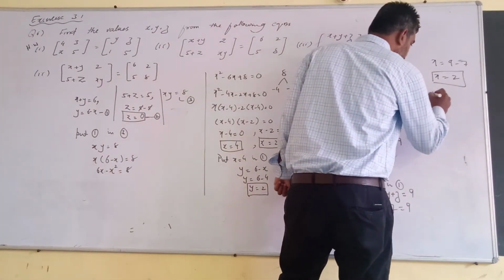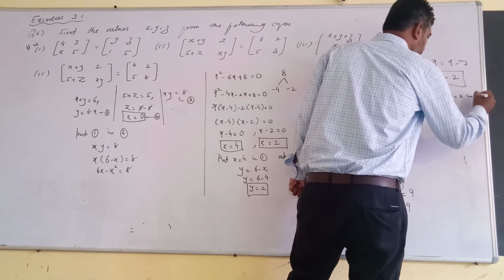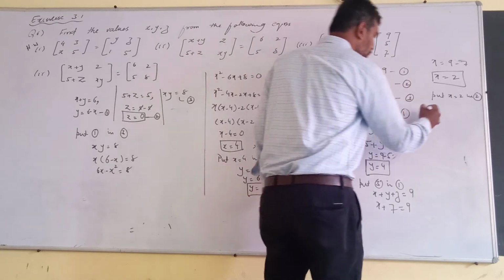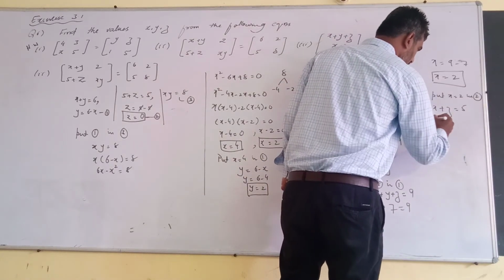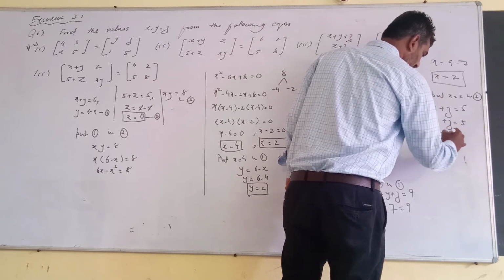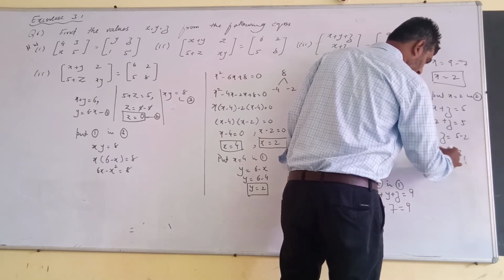Now put x equal to 2 in equation number 2. This value I am putting in equation 2. x plus z is equal to 5. x value 2 plus z is 5. z is equal to 5 minus 2, so z is 3.